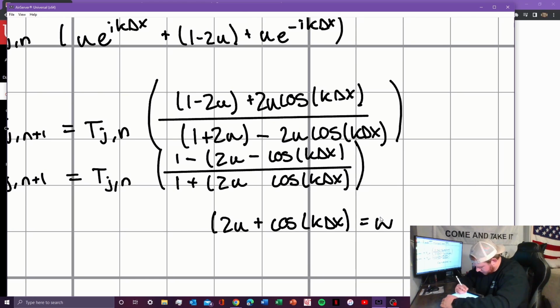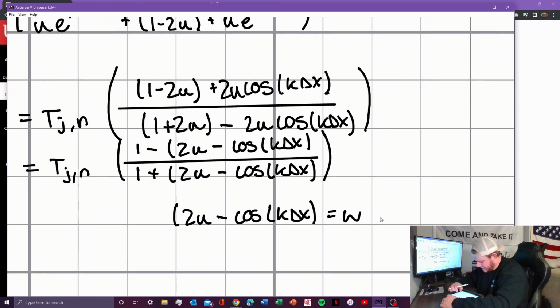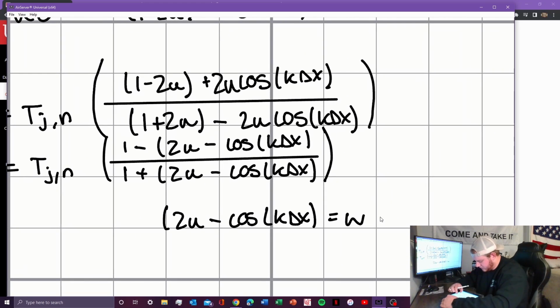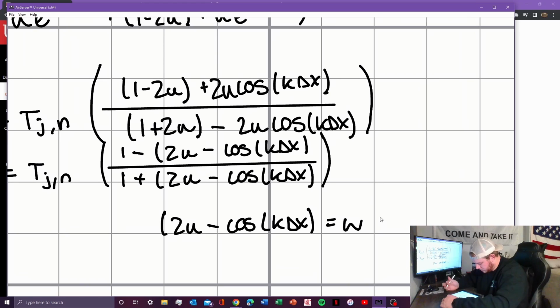This is actually nice. This is our mu term, and just by looking at this, we know that it is always going to be positive.